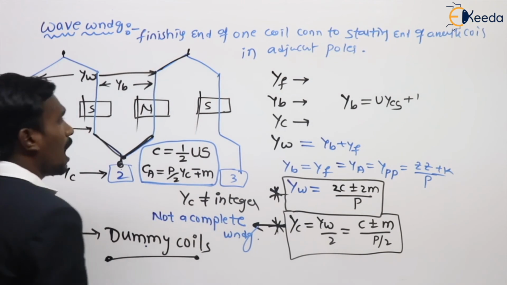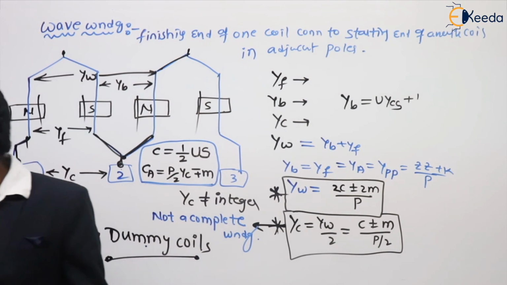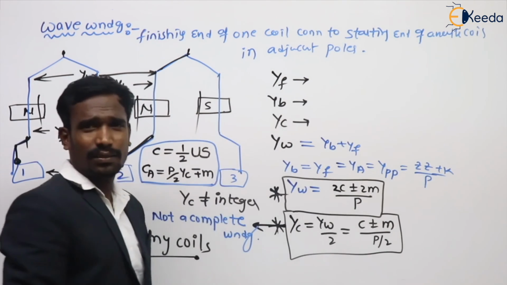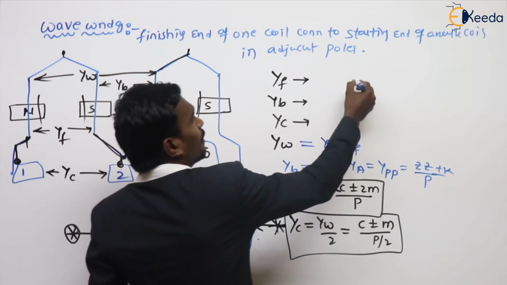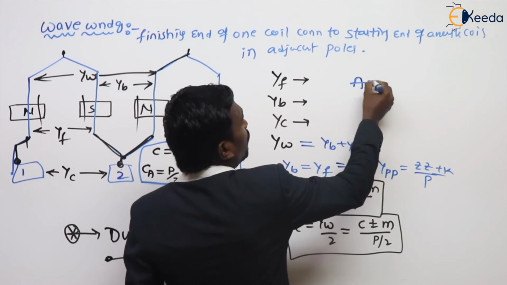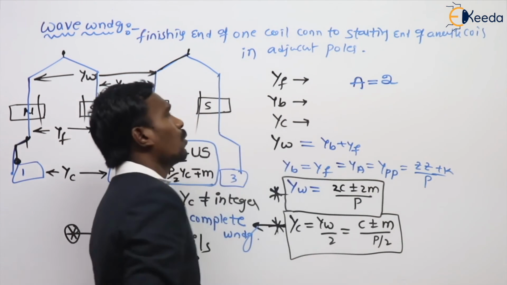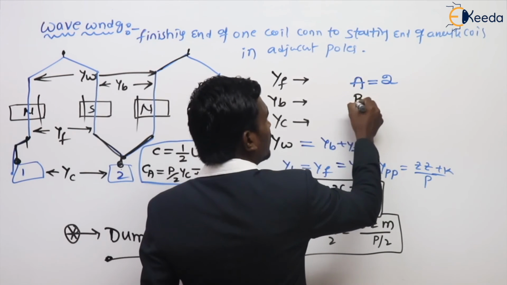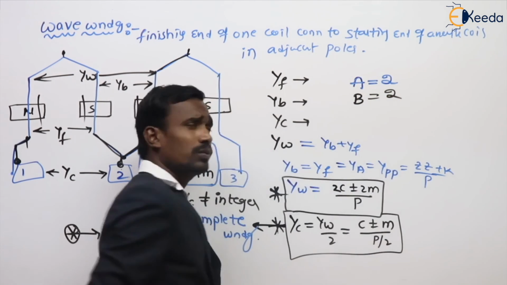Now tell me how many brushes we are using here and how many parallel paths there are. Generally, in our wave winding, the number of parallel paths is equal to only 2, and the number of brushes is also 2.